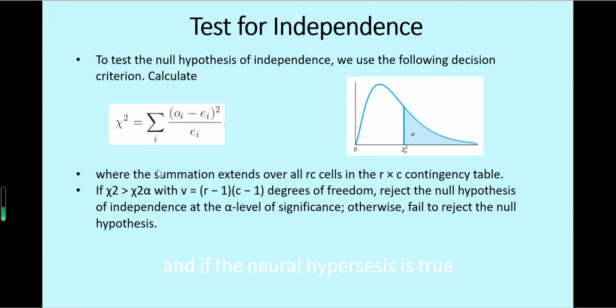And if the null hypothesis is true, this statistic will follow a chi-square distribution with (R-1) times (C-1) degrees of freedom, where R and C are the numbers of the rows and the numbers of the columns.